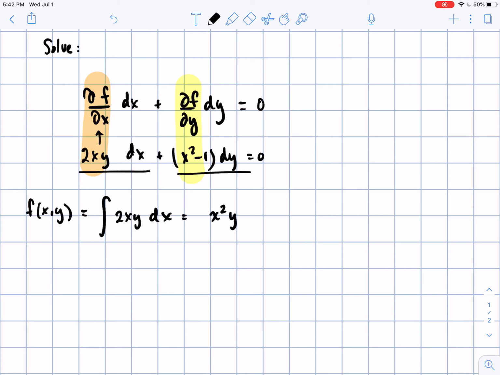Remember, y stays constant, plus some type of constant. Now, I'm going to get rid of that because if you think about this, this was just a partial with respect to x. So if you had a function of y added to it, it would go to 0 because it would just be a constant. So I'm going to get rid of this constant and I'm going to write g of y, some function of y, since the derivative would be 0.